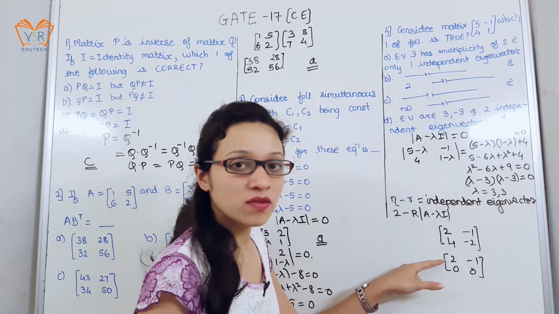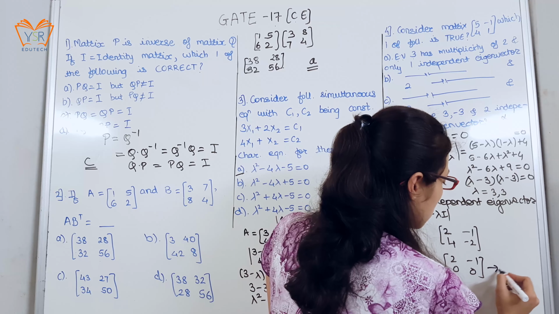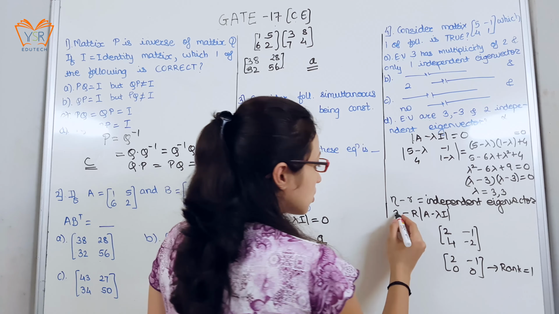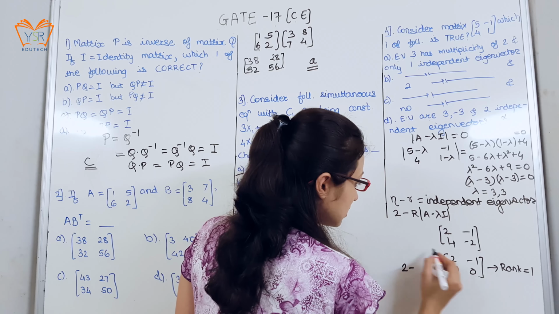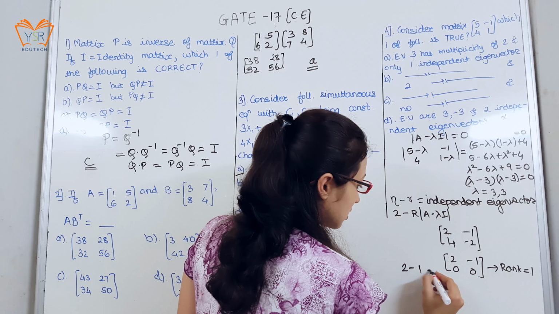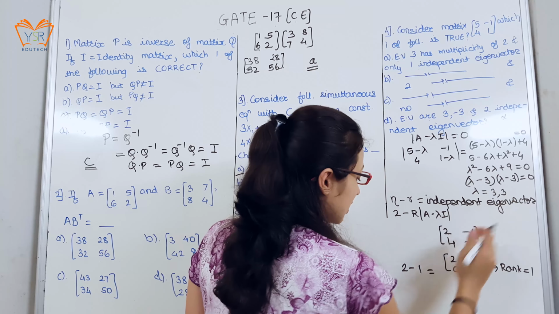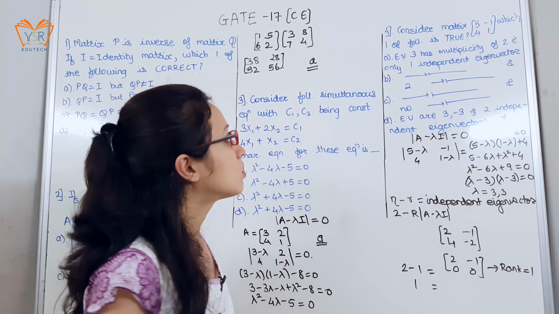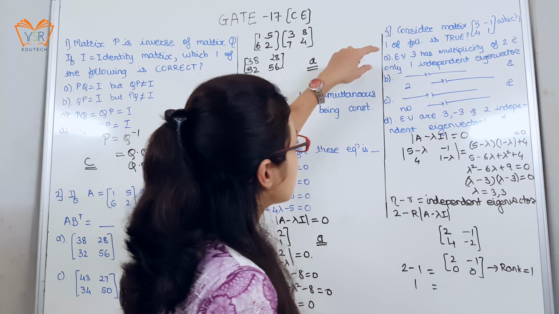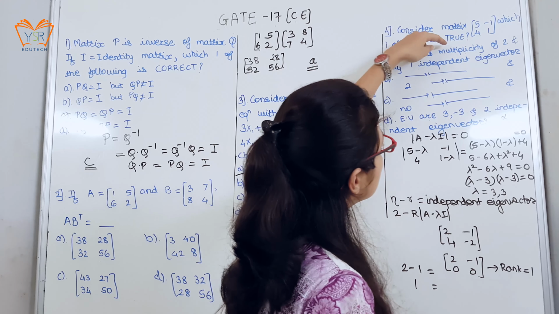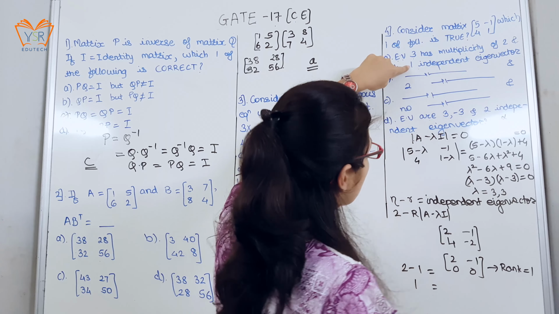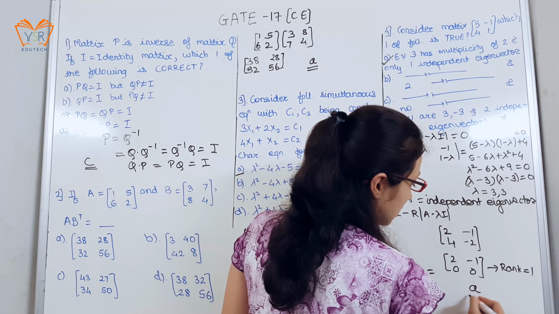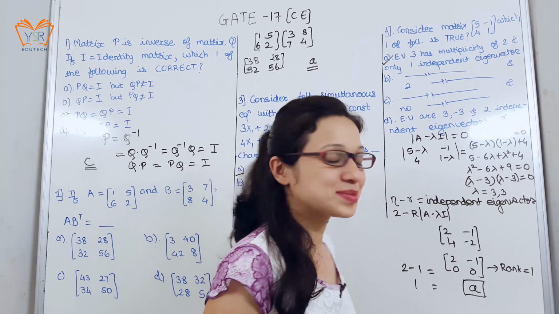So the rank of this matrix is equal to 1. So 2 minus 1 gives the number of independent eigenvectors, which is equal to 1. So the correct option is eigenvalue 3 has multiplicity of 2 and 1 independent eigenvector. That is nothing but A is the correct option.